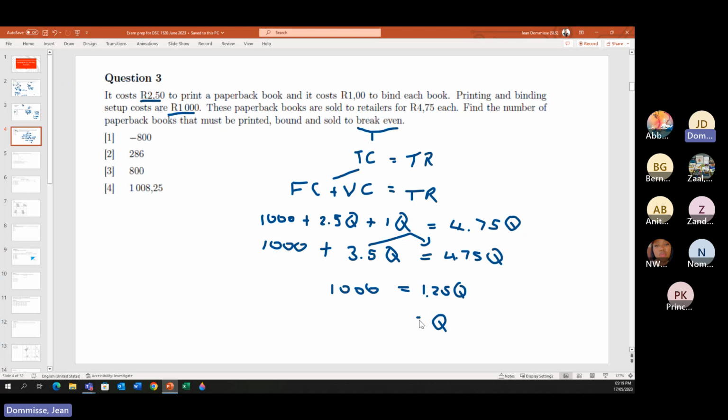So 1,000 divided by 1.25 is equal to 800. And then you can see option 3 is equal to 800. What is interesting to note is the minus 800. You can't print and bind and sell negative products, so you can't have a negative amount of books.